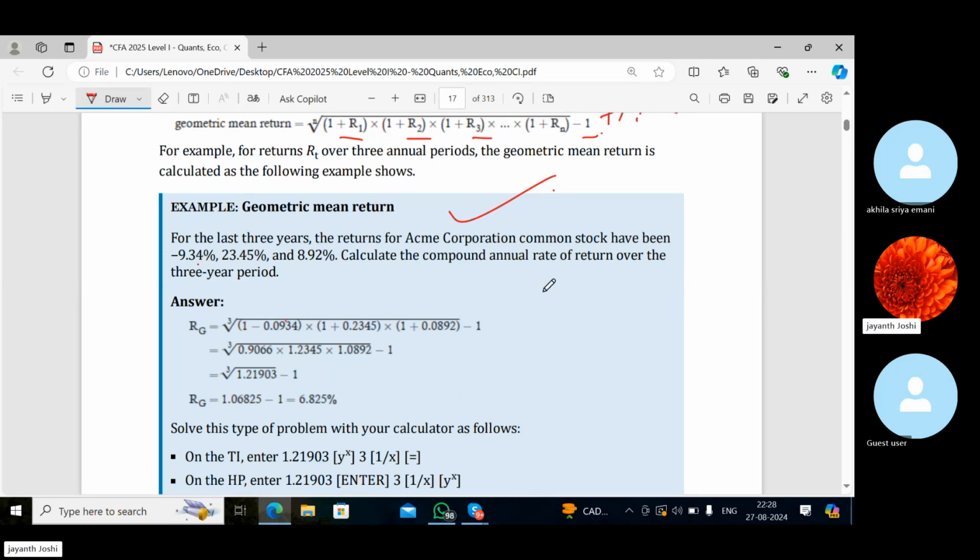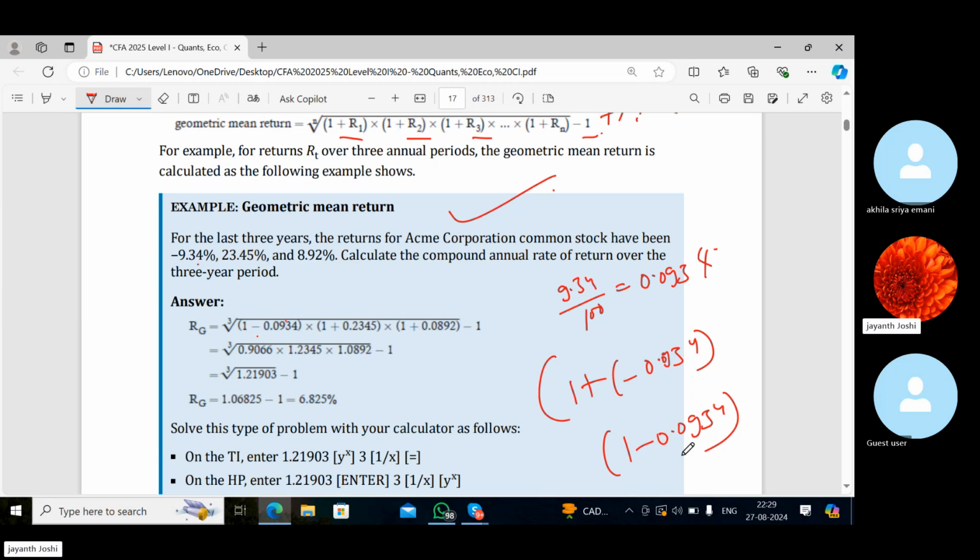These are in percentage form. You have to take 9.34 divided by 100. That will become 0.0934. If it is negative, put minus, because it is 1 plus, but it is minus 0.0934. So it becomes 1 minus 0.0934. Accordingly, you should take these values minus 1. Calculate this and you get the answer fast.